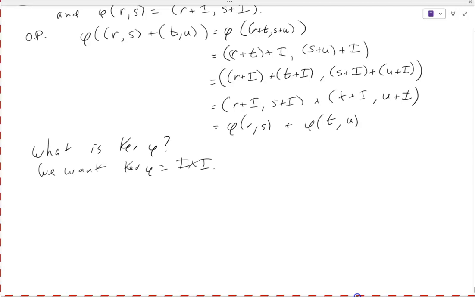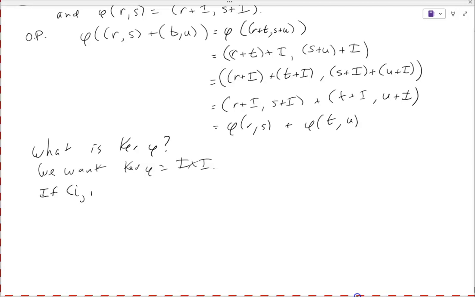How do we show the two sets are equal? Typically, how do we show the two sets are equal? Yeah, their elements are the same, right? One's a subset of the other and vice versa. Let's do the easy case first.